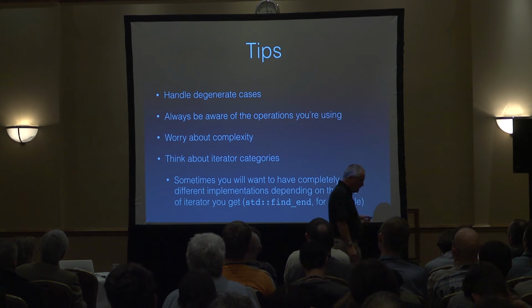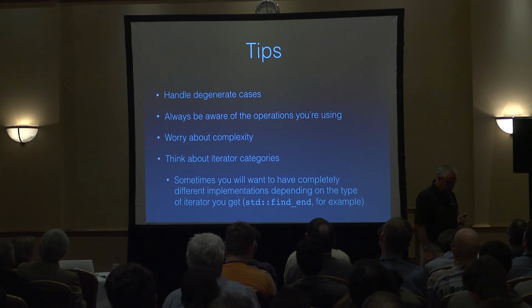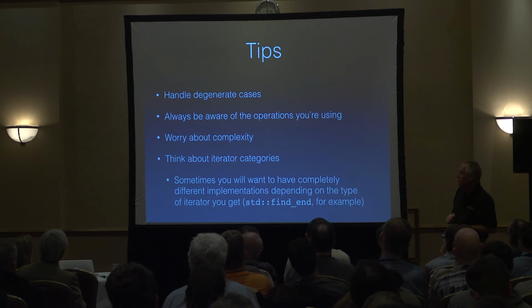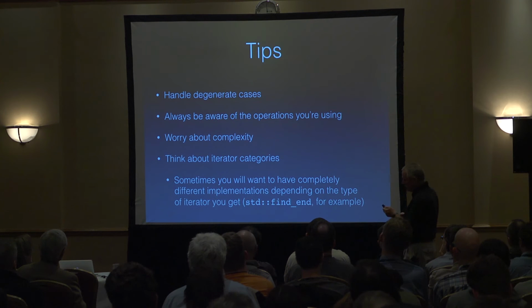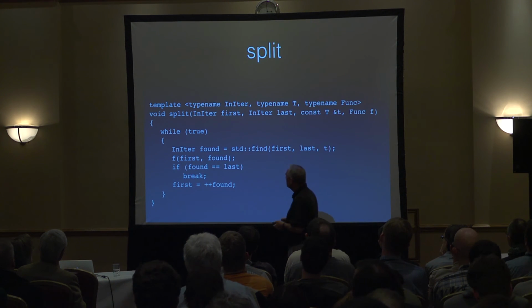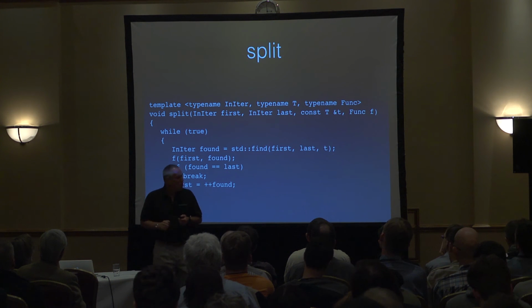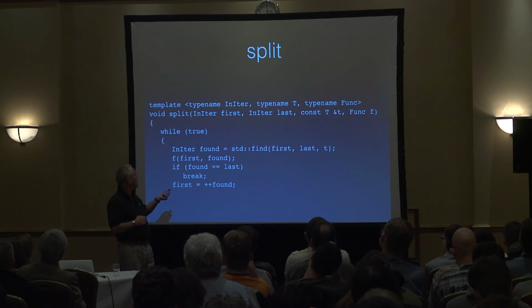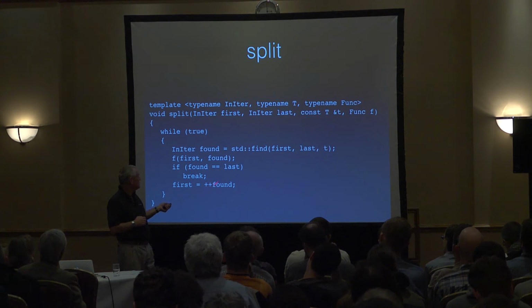Operations. When you're writing generic code, it's always important to be aware of what operations you're using on the objects that you are dealing with. If we think back to split, what do we have to do? We have to be able to copy. We have to be able to increment the iterators. We have to be able to compare the iterators.